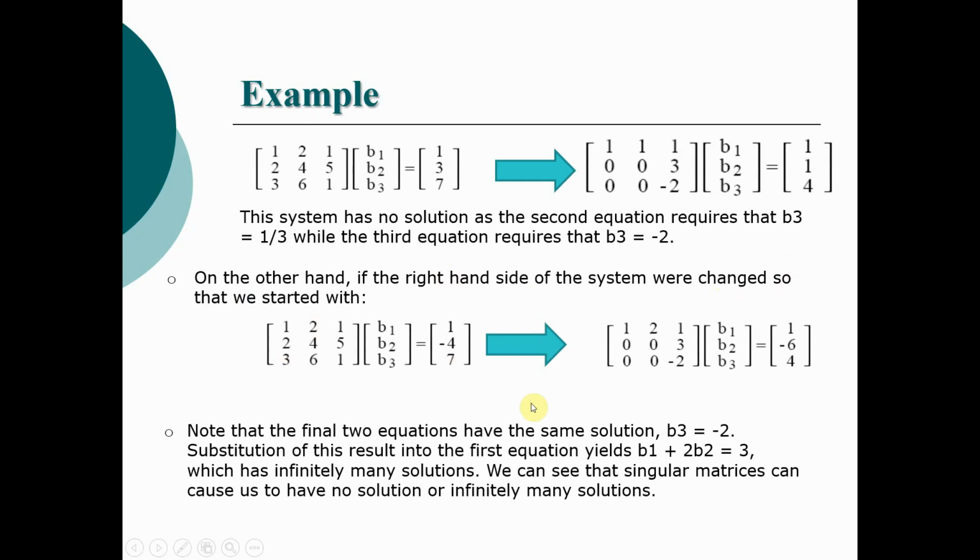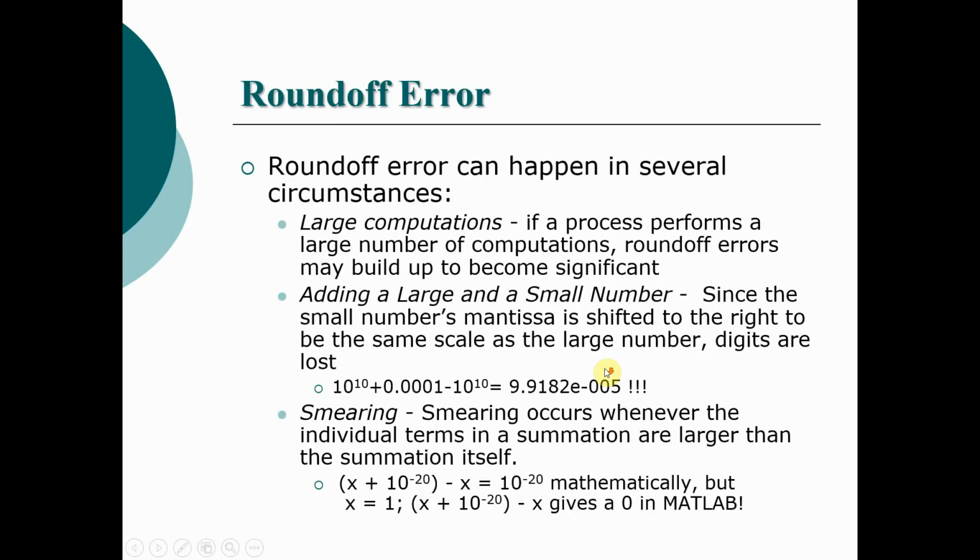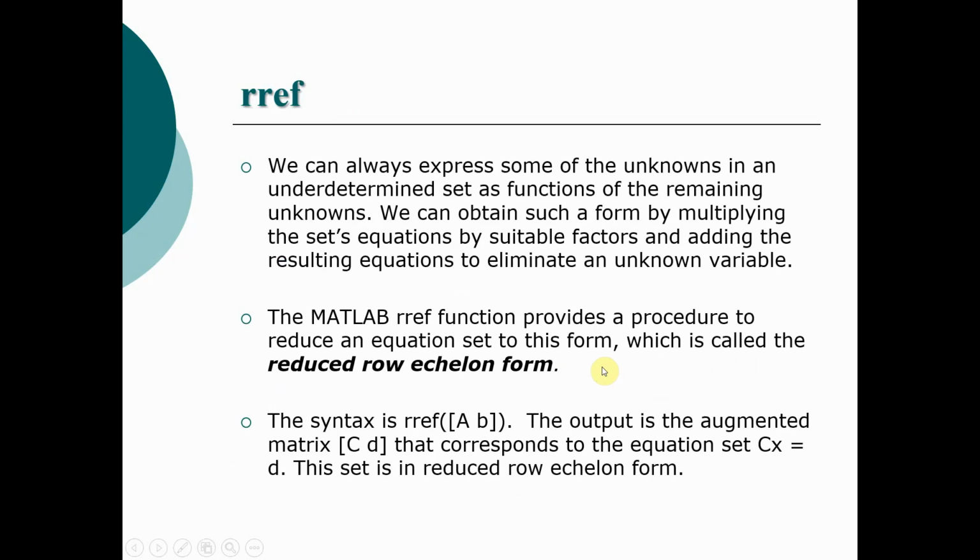We saw that b3 is equal to -2, and we could express b1 in terms of b2, right? And we found that this system has an infinite number of solutions. So this is what is expressed here.